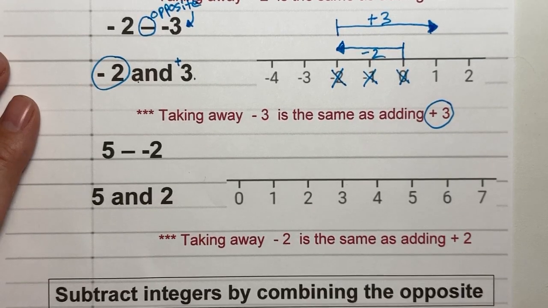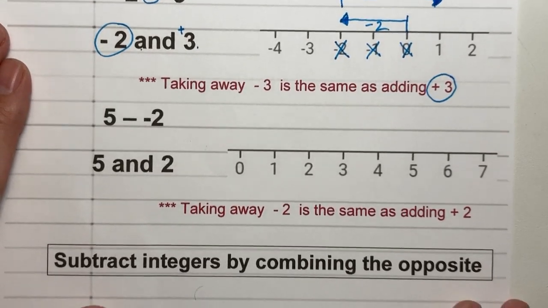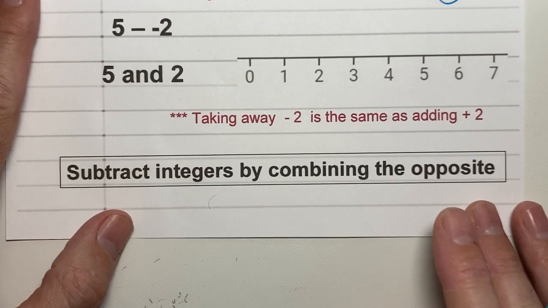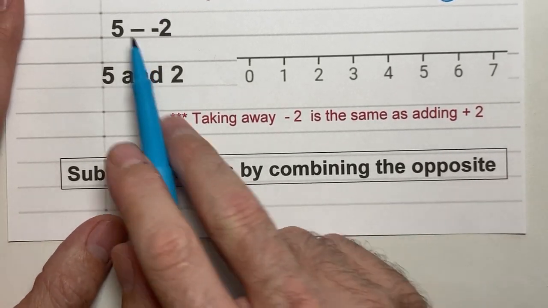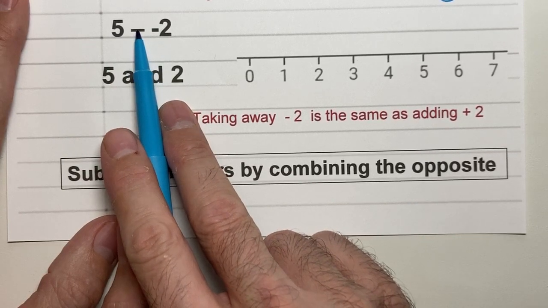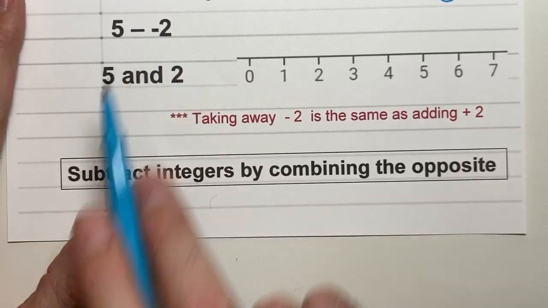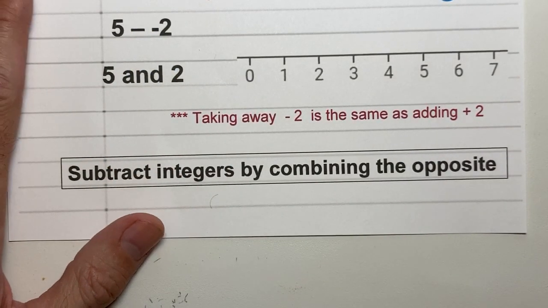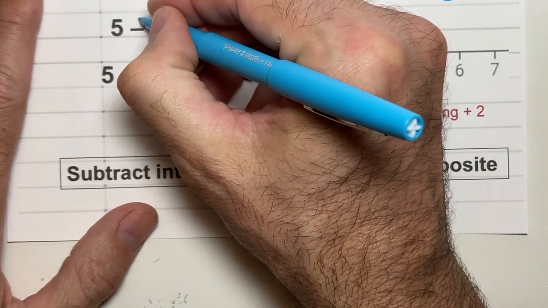So let's do one more example. Let's say we start with positives this time, and then we need to take away 2 negatives. Let's use our strategy here.